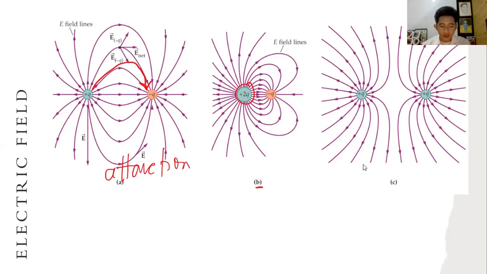And you notice that they are near to each other. So the electric field intensity in these field lines is much greater compared to those far from the charges, which means that the electric field within this region is much greater compared to the electric field on the other parts where there are no charged particles present.